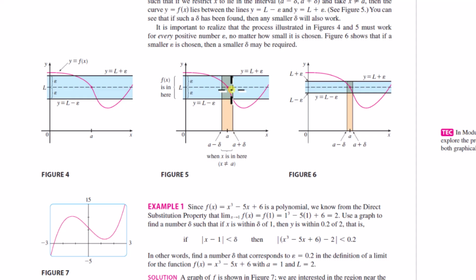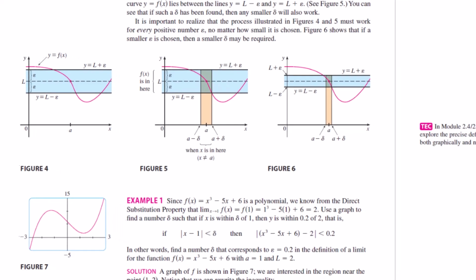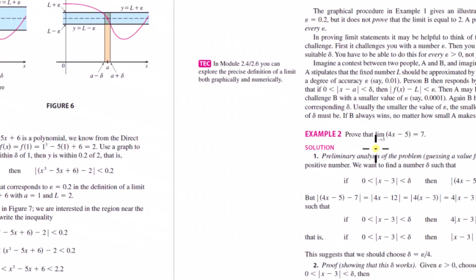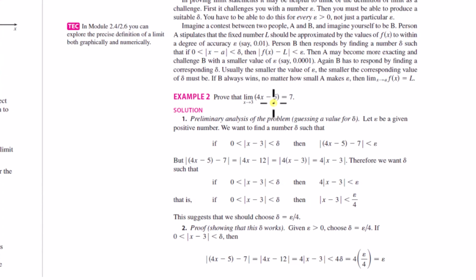Okay, so now what we're going to do in the next video, in the second part of this section, is we're going to work some example problems. Specifically, we want to learn how, if we're presented with a limit, like here, for example, the limit as x approaches 3 of 4x minus 5. So we know how to evaluate this limit, right? We know where this 7 is coming from.